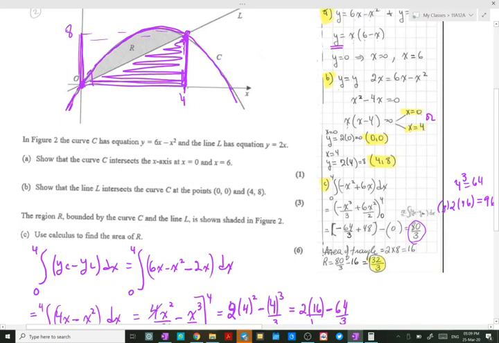So 8 times 4 is going to be 32, divided by 2 is 16. Therefore you subtract 80 over 3 minus 16, and you get 32 over 3, which is the area of the shaded region R.